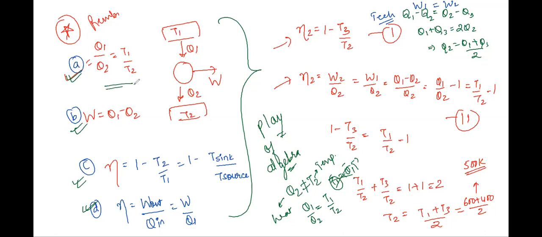And work done W equals Q1 minus Q2, where Q1 is the input heat, and Q2 is the heat given to the sink. Absolutely correct. How about efficiency? Efficiency is 1 minus T sink by T source, so 1 minus T2 by T1. Absolutely correct. What next?